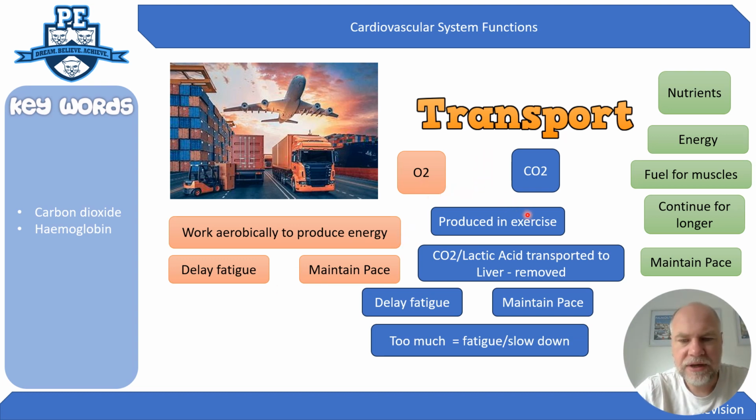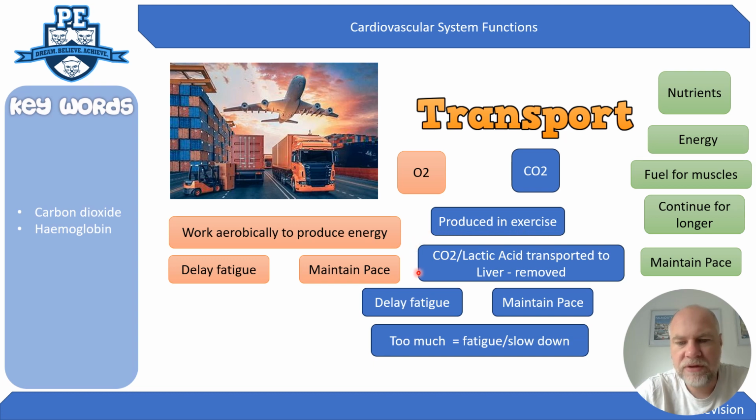The second area is to do with carbon dioxide. Now, the body produces carbon dioxide when we exercise, which I'm sure you all know. The muscles will produce it as a byproduct, and therefore it builds up in our bloodstream.